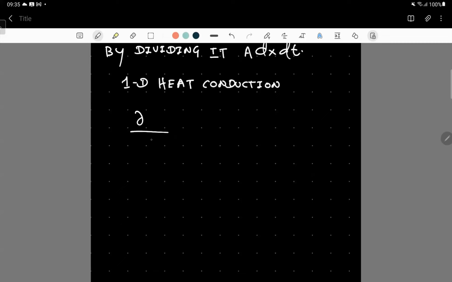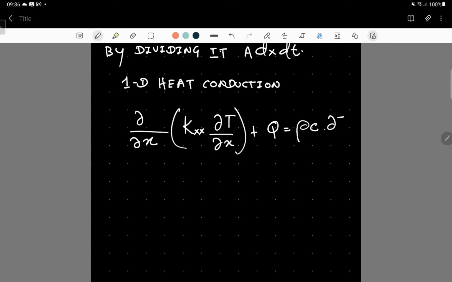You can try it on your own. You will obtain this equation, which is the partial derivative of the heat flux, plus the heat source, equal to rho c times the partial derivative of T with respect to t.